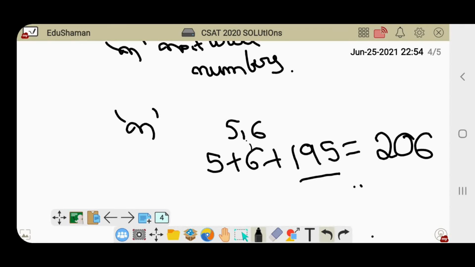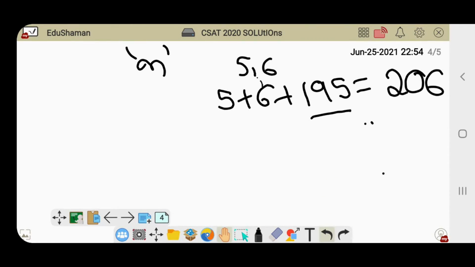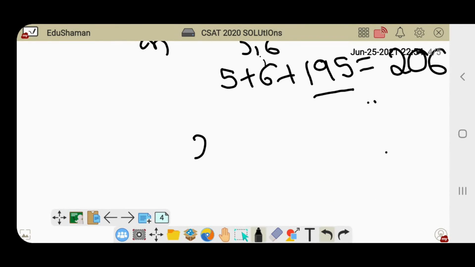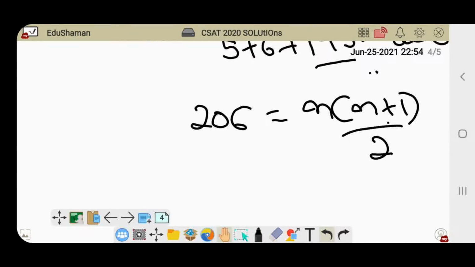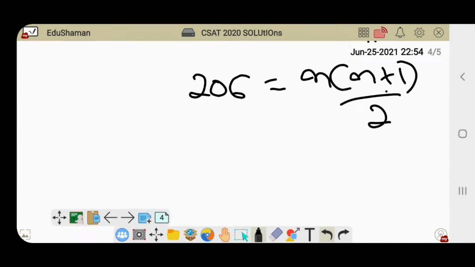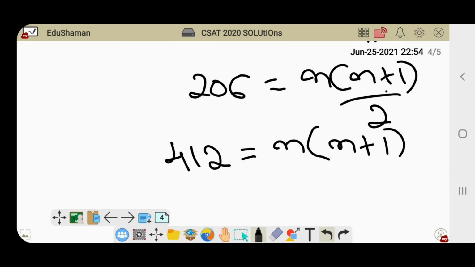All we have to see is whether 206 is equal to n into n plus 1 by 2. If we bring 2 to the other side, we would have 412 is equal to n into n plus 1.